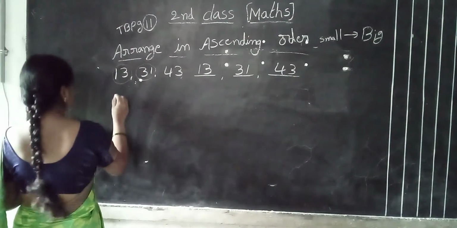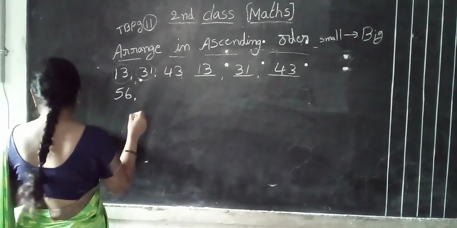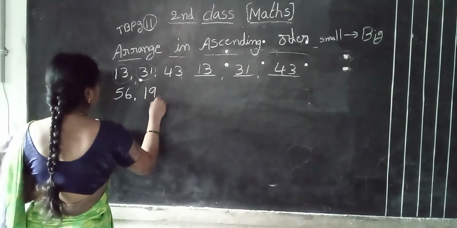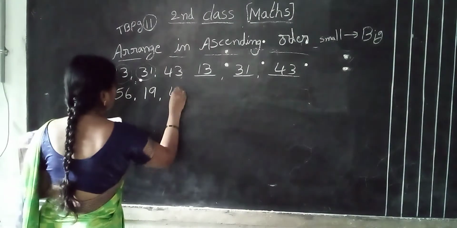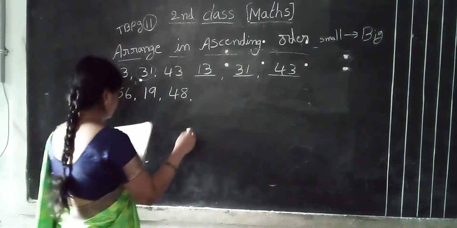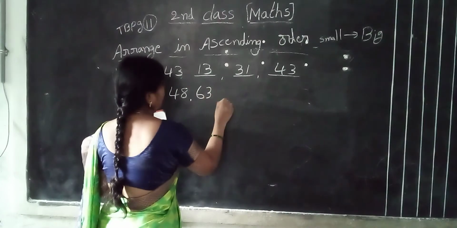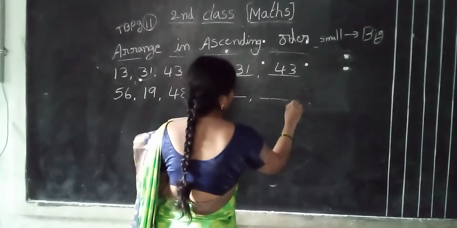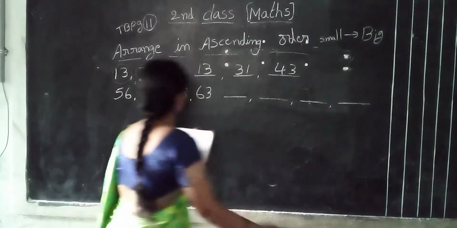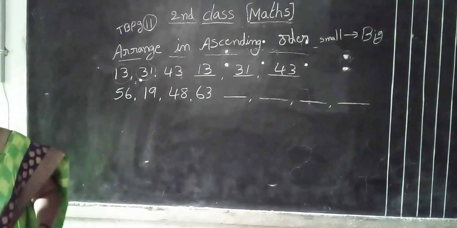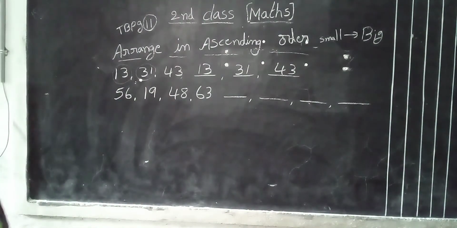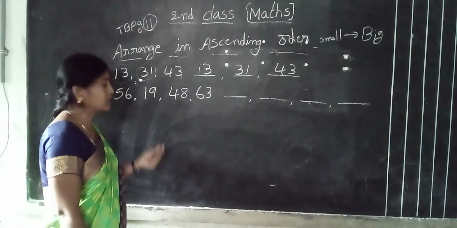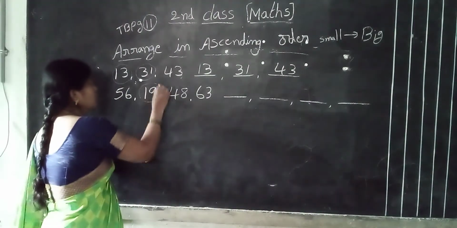Next one, 56, 19, 48, 63. In this, which one is the smallest number? Tell me children, which one is the smallest? 19 is the smallest number.